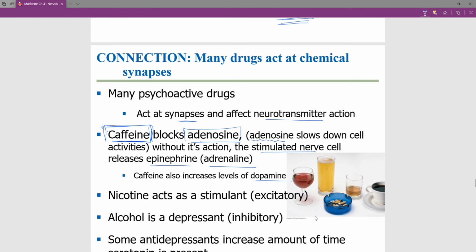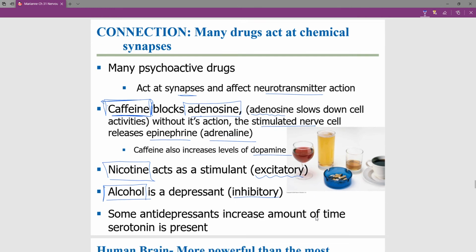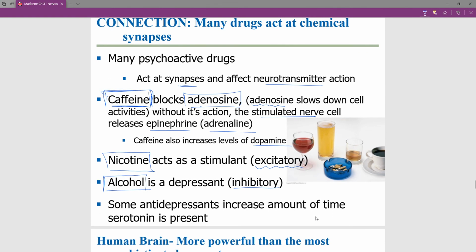Nicotine, another one I don't really have a lot of experience with, but it is a stimulant, or it has an excitatory effect as far as neurotransmitters go. And again, if you want to read more details, there's lots on that final page that was added to your PowerPoint. Alcohol is a depressant, or is inhibitory, when we look at its effect on your nervous system and neurotransmitters.